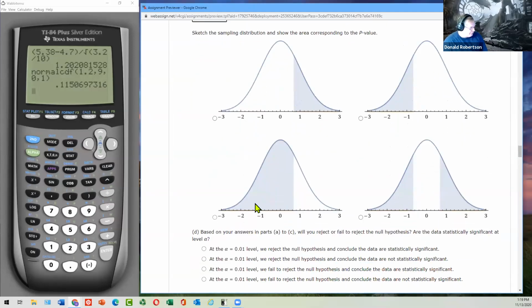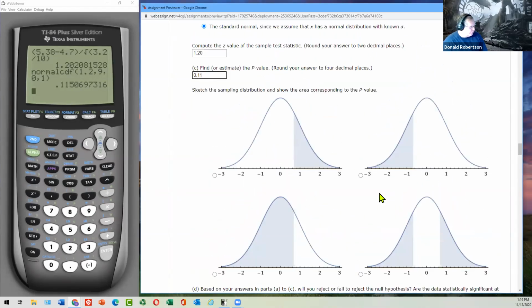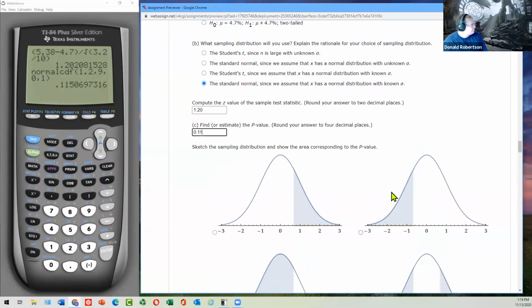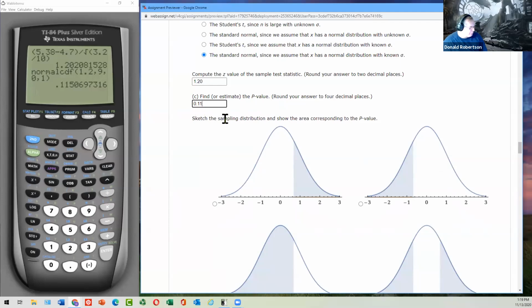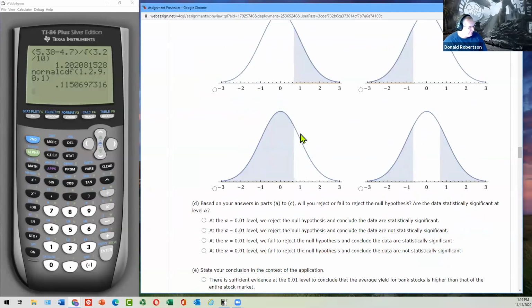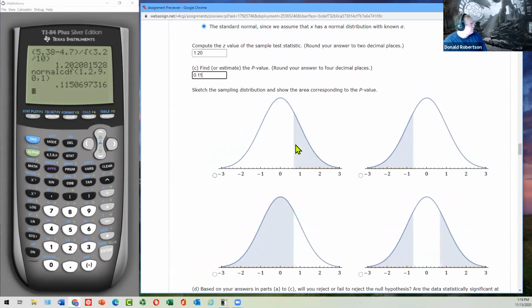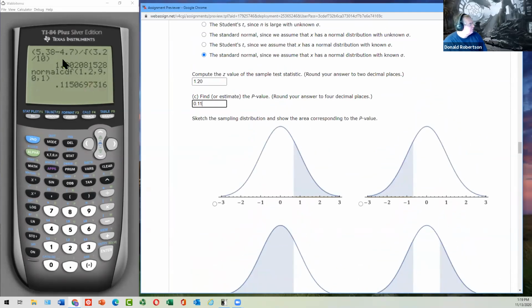Now, they have 4 pictures here for our story, and it shows the area corresponding to this p-value. So I'm looking for 0.11 and everything to the right of it. I'm not convinced that number is right. But that's the picture.